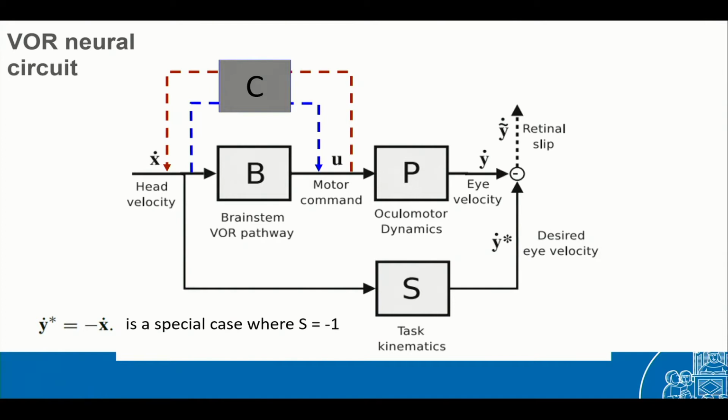In the other case, the feedback error learning paradigm, the cerebellum is used as an inverse model, and the cerebellar output is sent after the brainstem as a corrective input for the motor command that is sent to the eye plant.